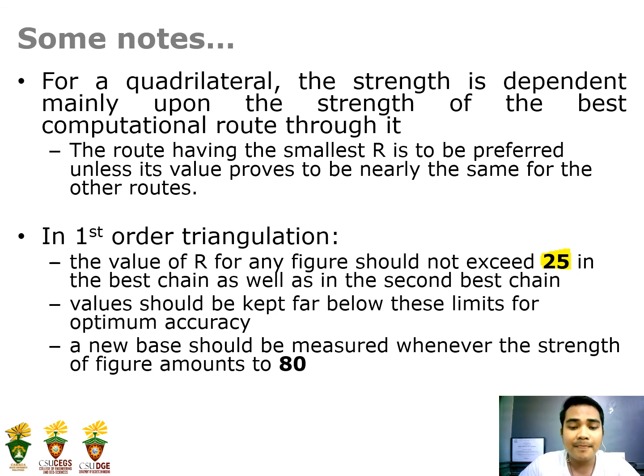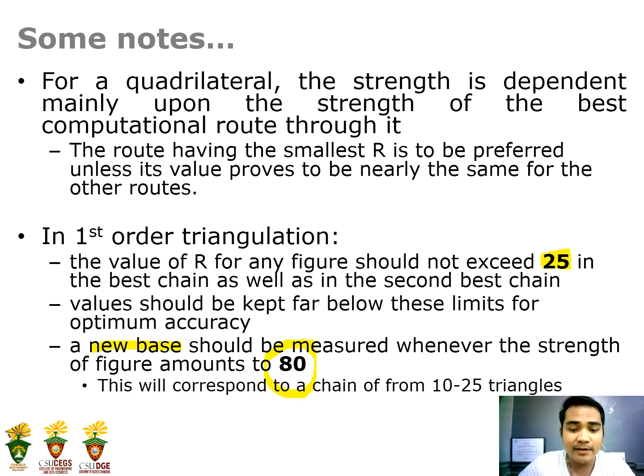triangulation. And in first order triangulation, if the strength of figure value, or R, is equal to 80, then a new baseline should be measured, another baseline to be used for checking purposes.